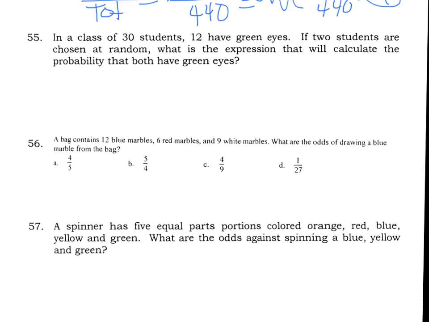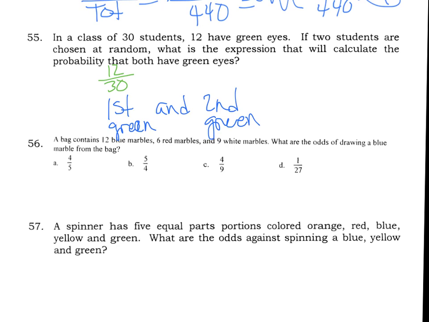So we've got the first student and the second student. First is green, and second is green. The probability that the first student is green is 12 out of 30, which does simplify, but I'll leave it as 12 out of 30 for the moment.